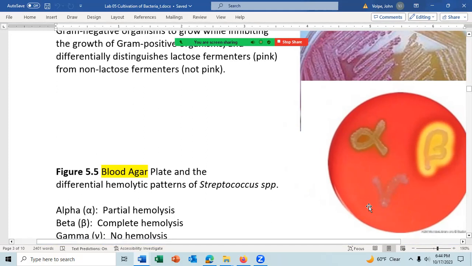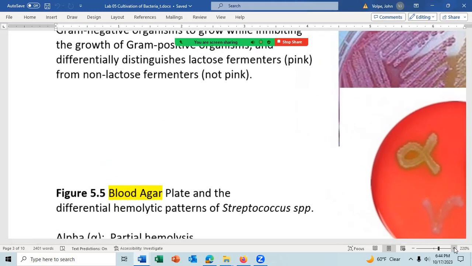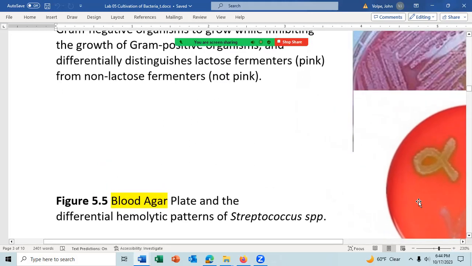There are also cells shown here that exhibit alpha hemolysis. Alpha hemolysis is also called partial hemolysis. You can notice, I'm going to blow this up a little bit, that we have the red of the blood, and then right before we get to the off-white of the cells in the alpha, we have a dark ring, a darkening of the blood around the cells.